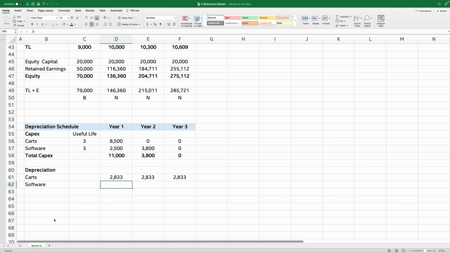And then for software, let's do 12. Well, the answer will be 1,250 for software, because it's going to be 2,500. Actually, it won't. It'll be slightly different. 833, but if it was 2, it should be 1,250. Just right in half, but we switched it. So 833, and let's lock it.